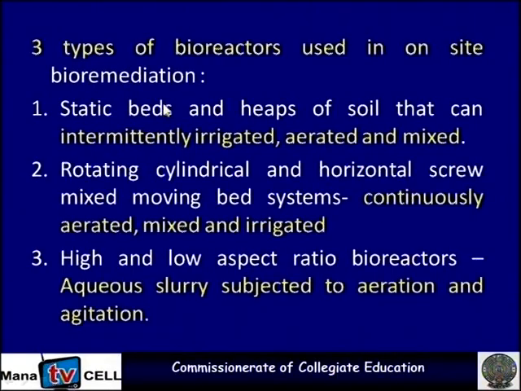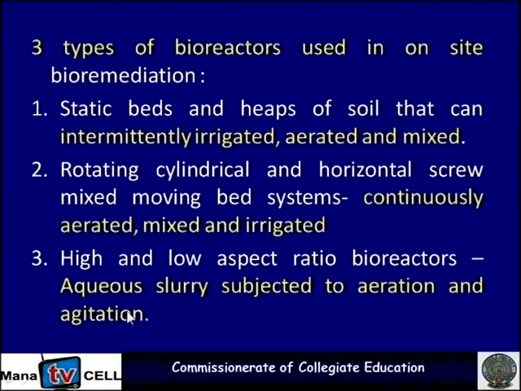Here three types of bioreactors are used in bioremediation. First, static beds and heaps of soils, where they are intermittently irrigated, aerated and mixed. Second, rotating cylindrical and horizontal screw mixed type bioreactors, where continuous aeration, mixing and irrigation take place. And the third is a different one, where we use an aqueous slurry subjected to aeration and agitation.